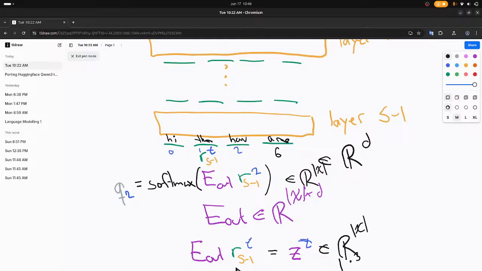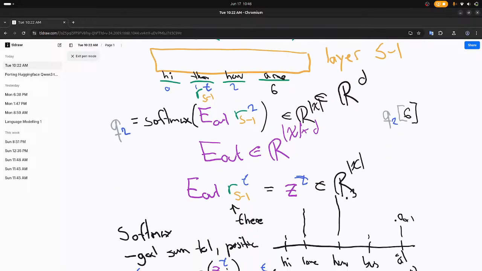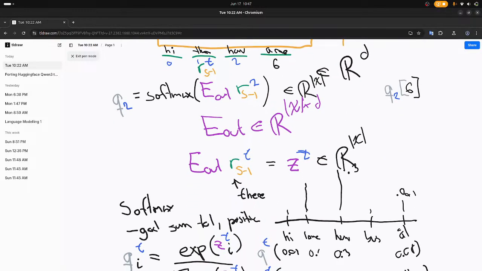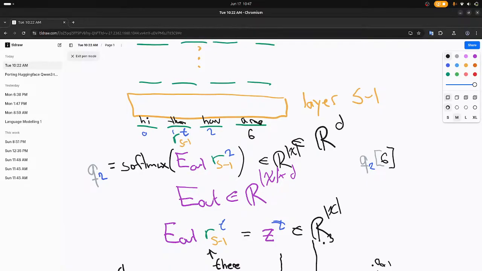Then that means if this is a vector, I might be interested in this element, q_2, because that is for "how". And then I'm interested in entry number 6, because that would be "hi there, how" followed by "are". It would be some distribution, and it would say that it is actually 0.2, and I would say okay, it actually occurred like that.